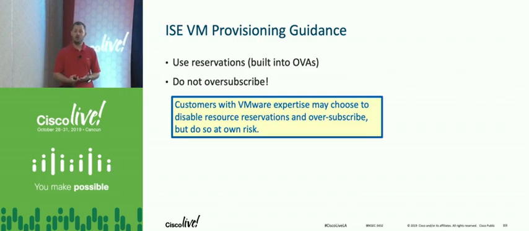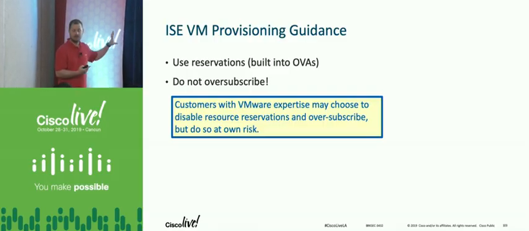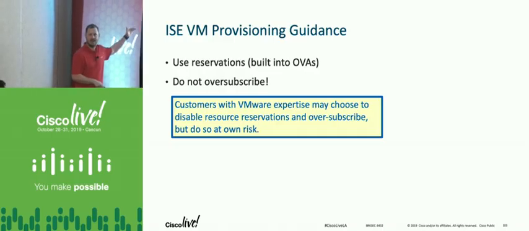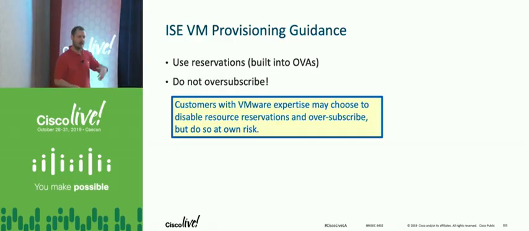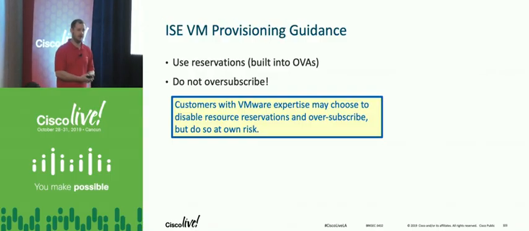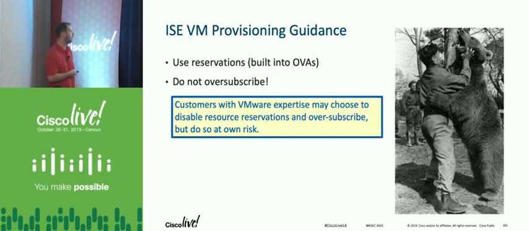Now, in normal VM functions, that's the reason why most people go to VMs. With ISE, we can't oversubscribe. We have to have the reservations in place. ISE needs to be able to use the full memory, the full CPU, and obviously be able to write to the full disk space that you've allocated.